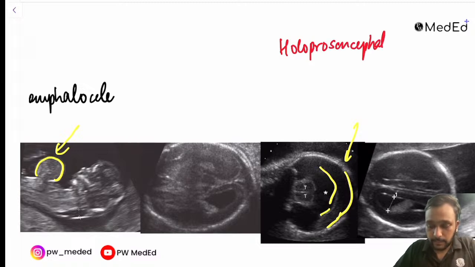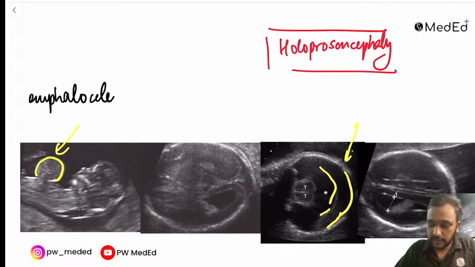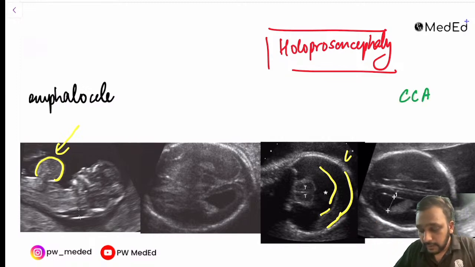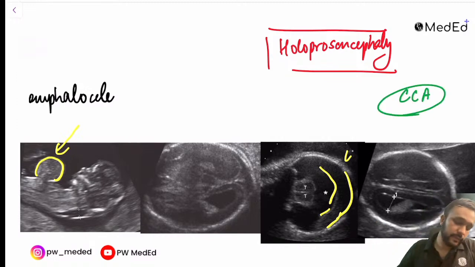This is seen in patients with holoprosencephaly. And in the fourth image, guys, we can see that there is dilatation of the occipital horns, known as colpocephaly, and this is seen in a patient with corpus callosum agenesis.